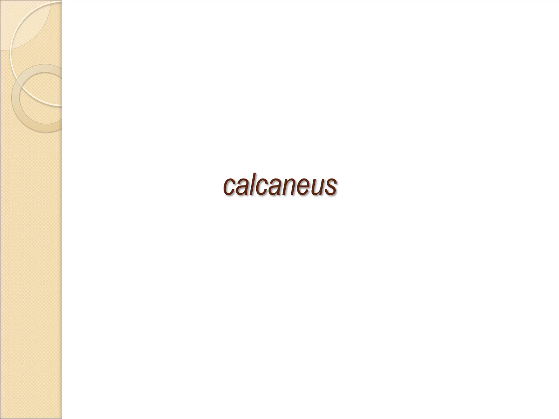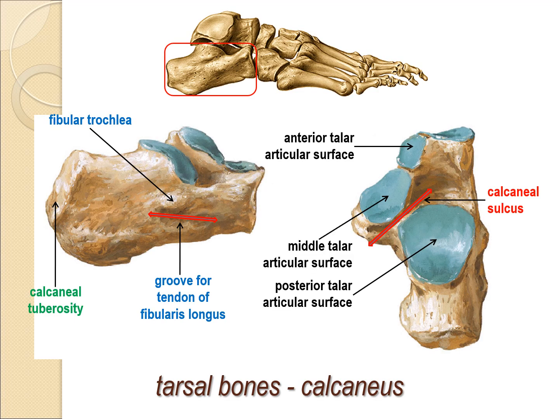Calcaneus or heel bone is the largest and most proximal bone of the foot. Calcaneus or heel bone belongs to short bones, and because of that it has 6 different surfaces. Here you can see superior, lateral, and posterior surface.